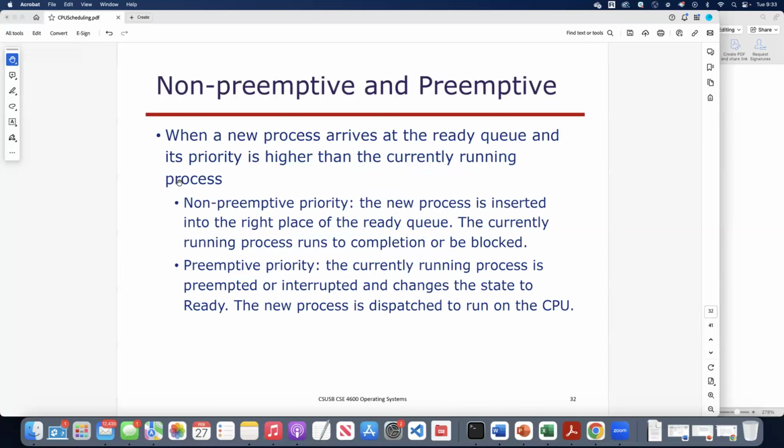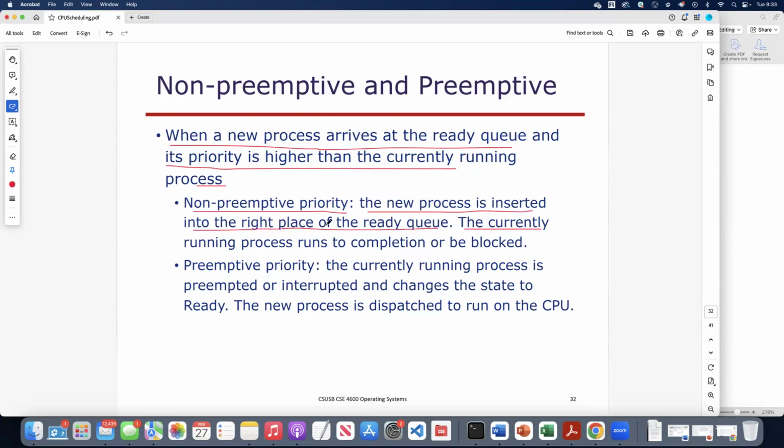Priority scheduling can be non-preemptive or preemptive. Suppose a new process arrives at the ready queue and its priority is higher than the currently running process. For non-preemptive priority scheduling, this new process is inserted into the right place of the ready queue.